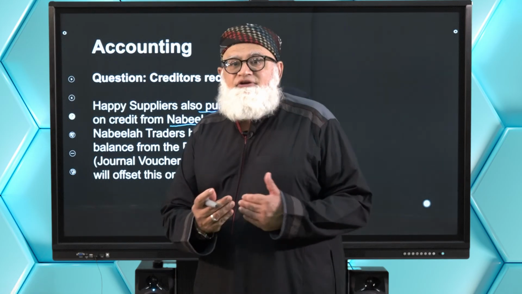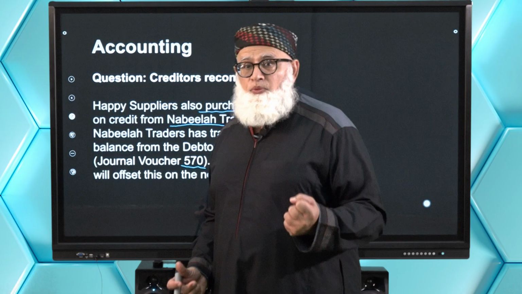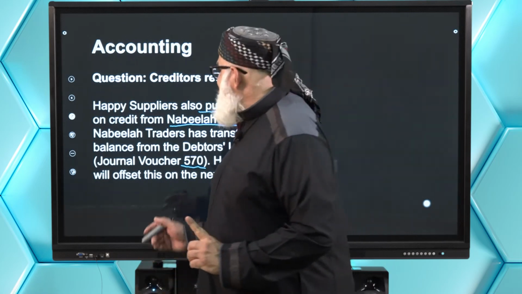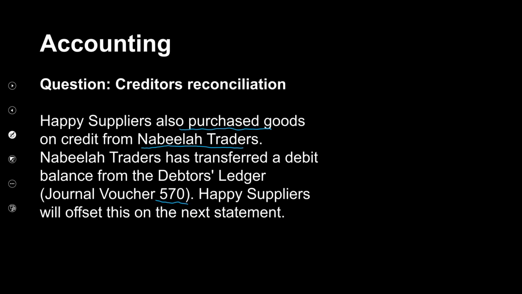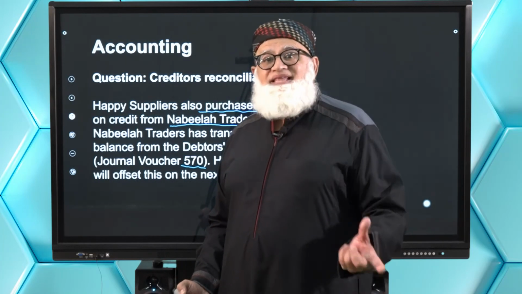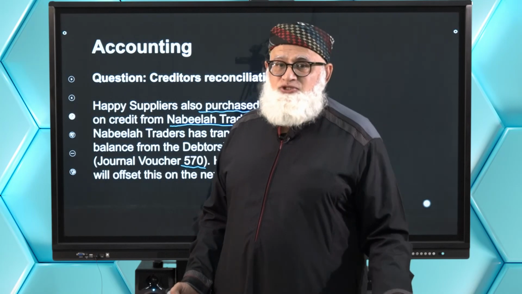So we have a relationship where we are buying goods on credit from Happy suppliers, right? That we know. But they're telling us that Happy suppliers also buys goods from us. So we have a dual relationship with them. On the one hand, they are our creditors because we owe them money, but they are also our debtors because we're selling goods to them on credit as well.